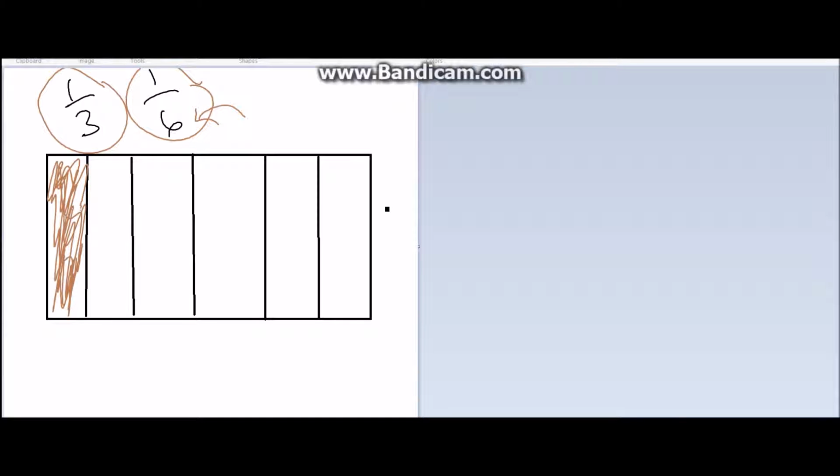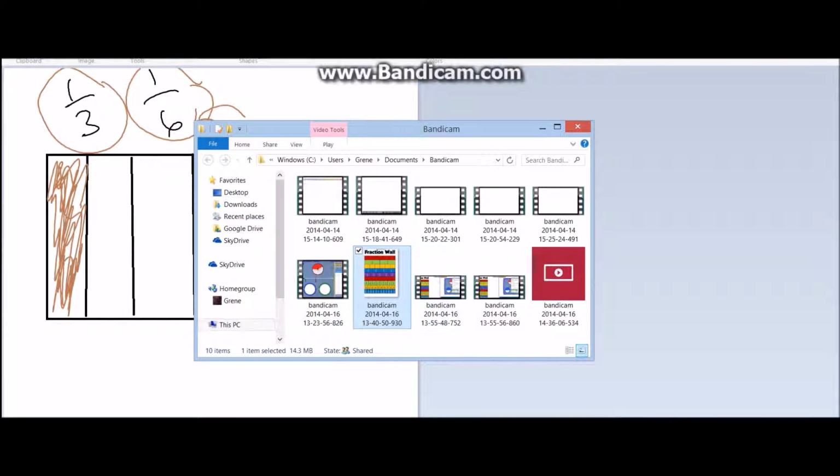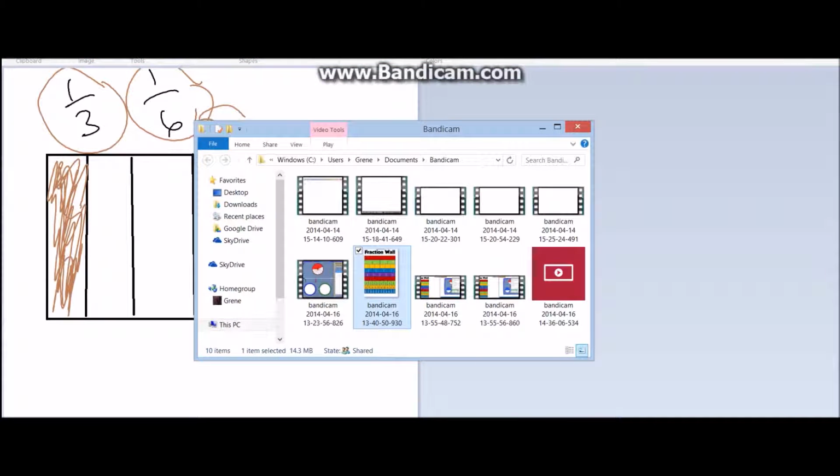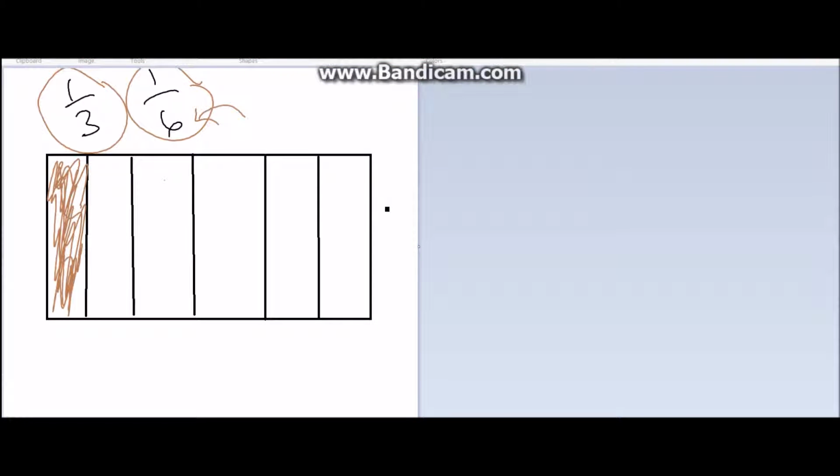Now, if we remember from before, we can set up equivalent fractions here. If we go back to our fraction wall and look at 6, we can go all the way up. So 1/3 is equivalent to 2/6, which is a really nice thing to do. So I can fill in another color here, and I can fill in 2 of these.